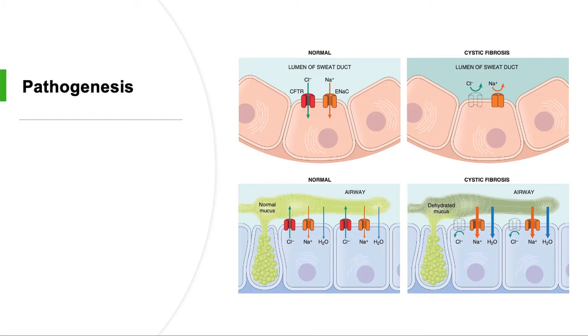Active luminal sodium absorption through ENaCs is also increased, and both of these ion changes increase passive water reabsorption through the lumen, lowering the water content of the surface fluid layer coating mucosal cells.